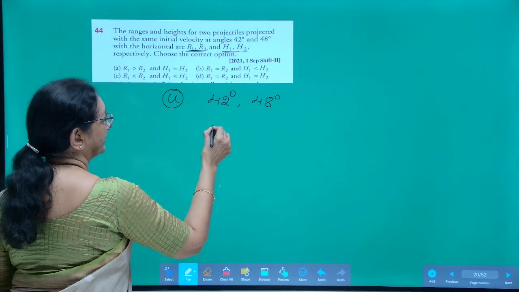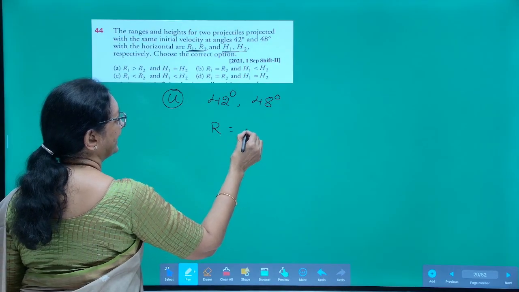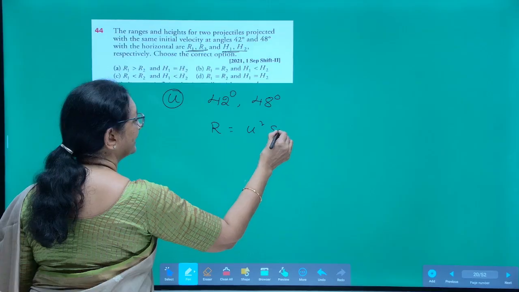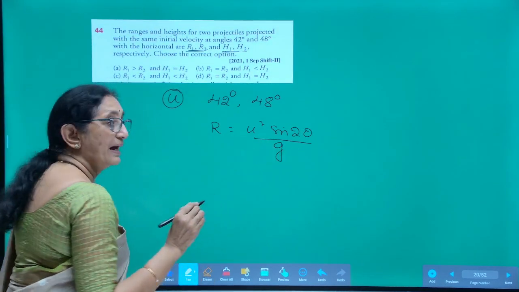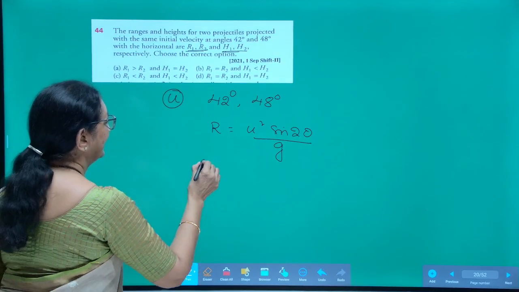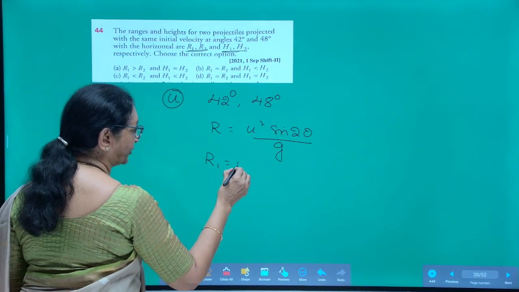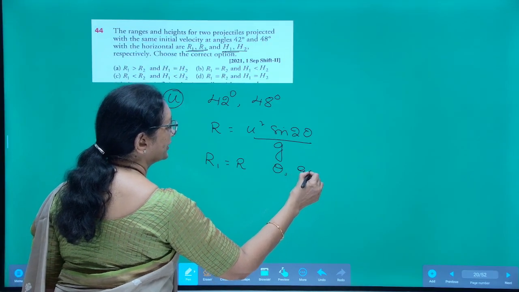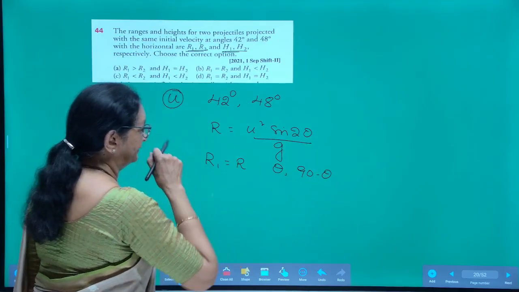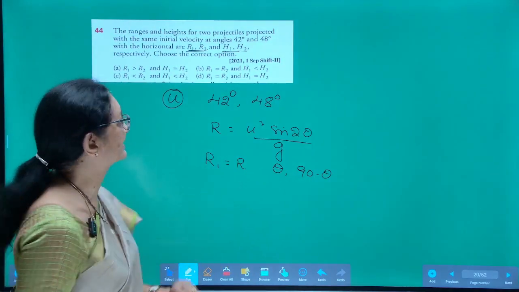For a projectile, the formula for the range is u square sin 2 theta by g, from which we have proved ranges are equal for complementary angles of projection, theta and 90 minus theta.